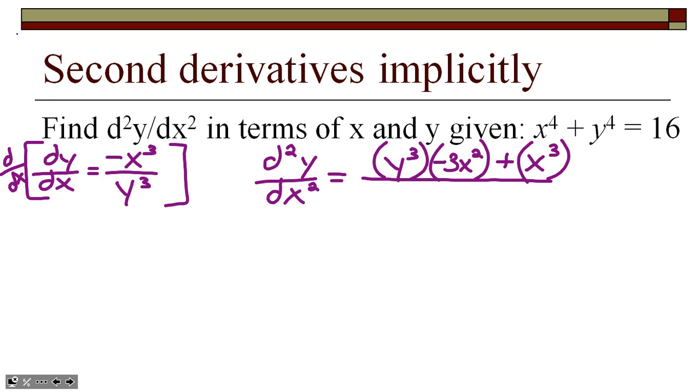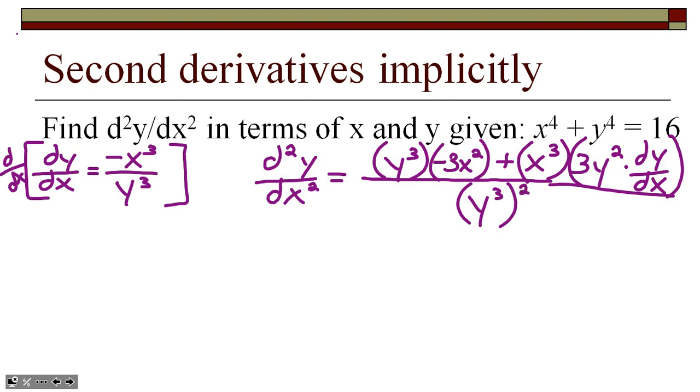D low, so our d low is going to be 3y squared. And then don't forget we have to have the times dy dx because this is implicit. We're treating y as a function of x. Parentheses on that as well. Over the square of what's below, and the square of what's below would be the square of y cubed, which when we simplify that will become y to the 6th.